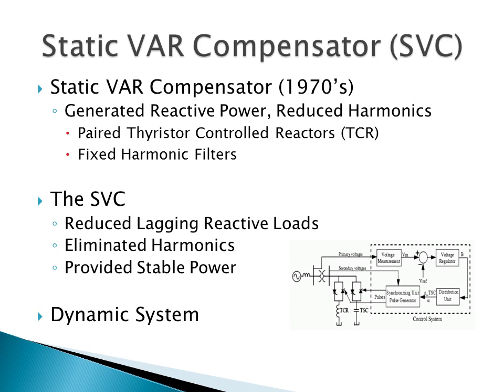The SVC reduces lagging reactive loads, eliminates harmonics, and provides a stable power supply. Changing the firing angle to the thyristor changes the current through the reactor, making the SVC a dynamic system. The development of devices capable of dynamic power factor correction allowed the system to compensate rapidly for fluctuations in load.